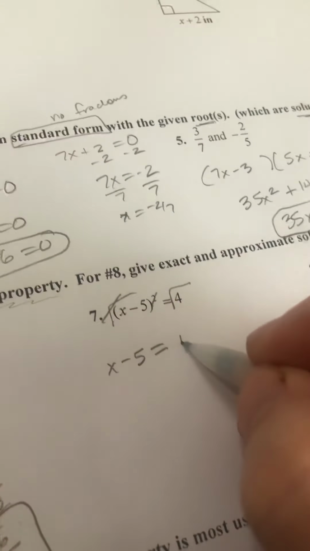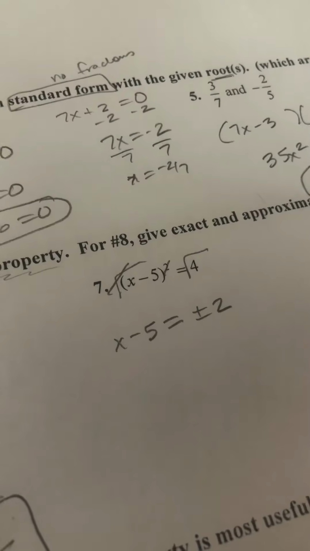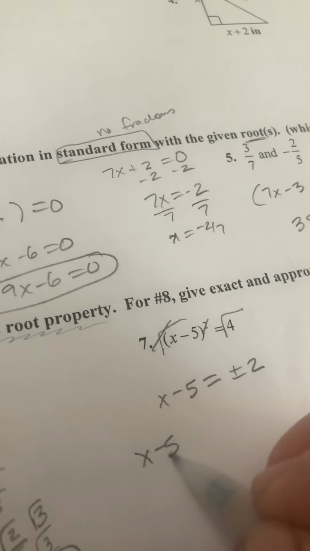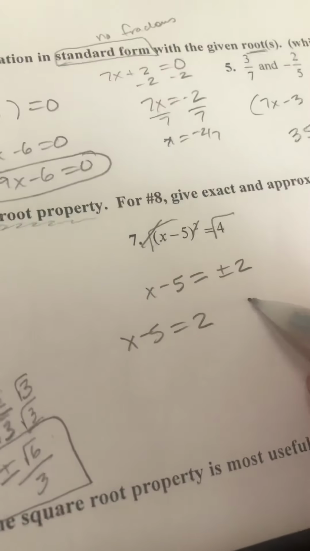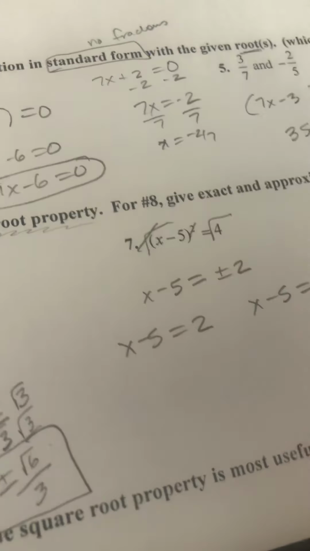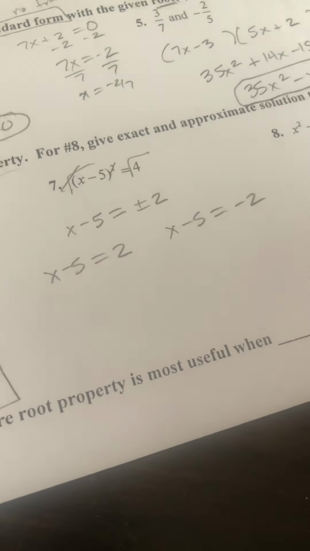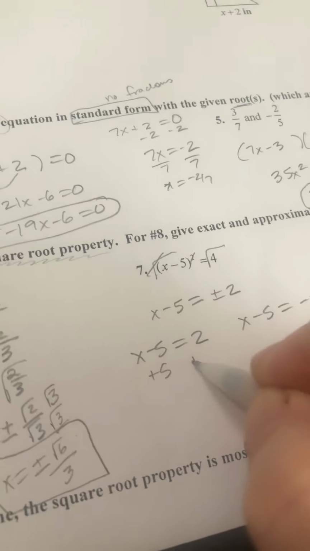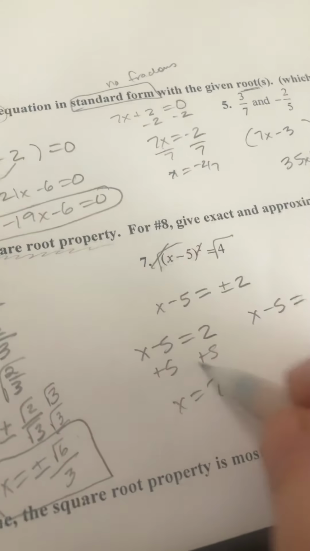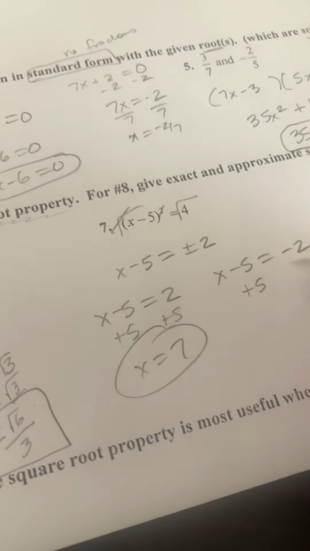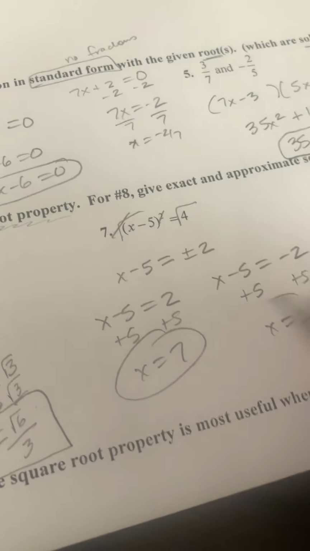That's why we put plus or minus 2. So x minus 5 could equal 2, but it could also equal negative 2. I add my 5 and that gives me 7 for an answer, and I add my 5 to the other and that gives me 3.